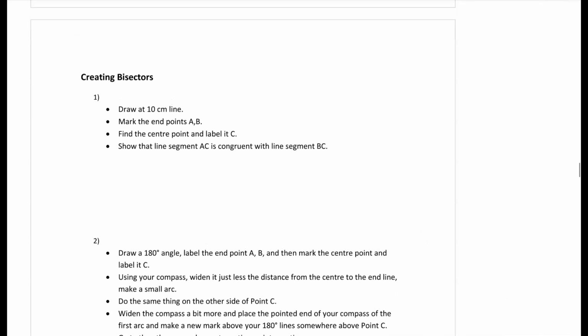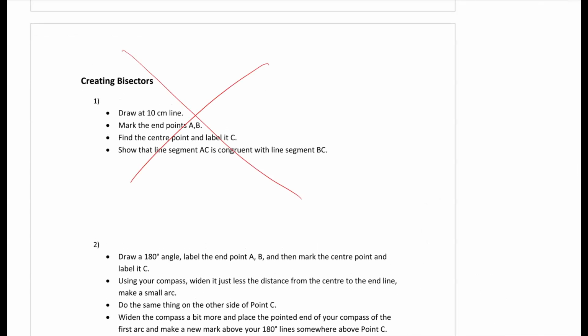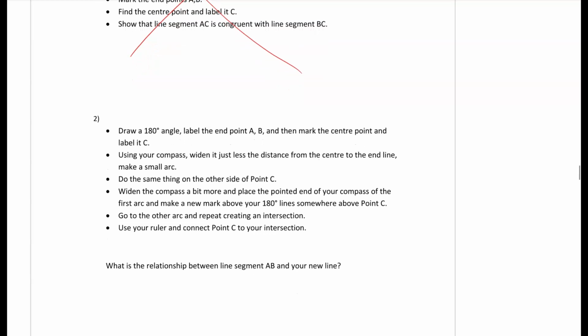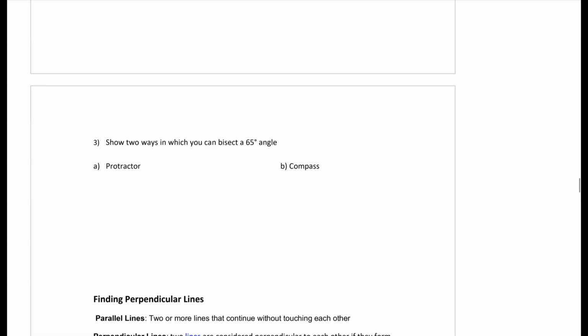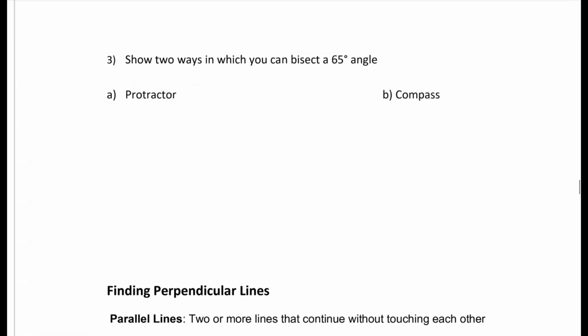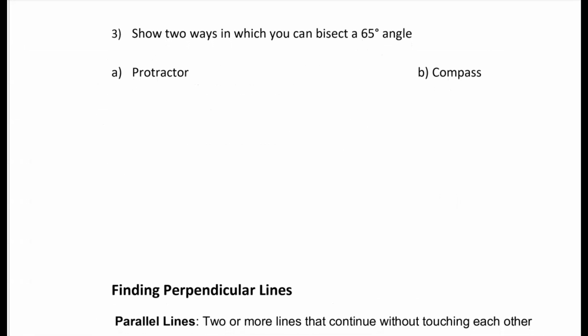And as I said, we're not going to look at creating bisectors with a compass or a protractor, so you can cross these parts out. But we will use an example here. Instead of using the protractor and the compass, we're just going to look at drawing what approximately would be a 65-degree angle.